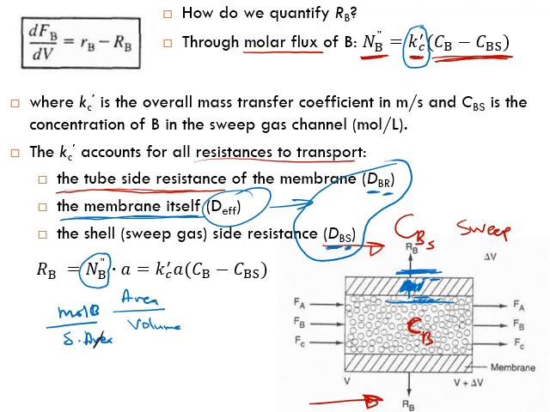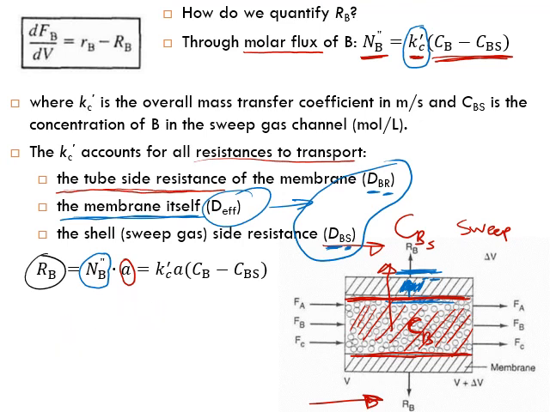So here we cancel out the area, and we have now moles of B per second per volume for RB. And this ratio is known as small letter a, which is the ratio of the area of mass transfer diffusion, here the area of the wall, the area through which diffusion is taking place, divided by the volume of the reactor. Okay, and therefore I can write Kc prime times a times (Cb minus Cbs).